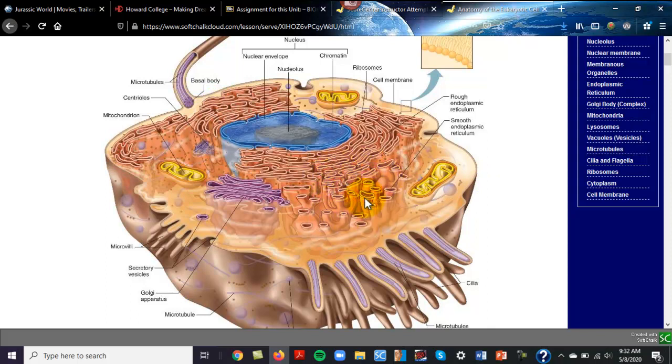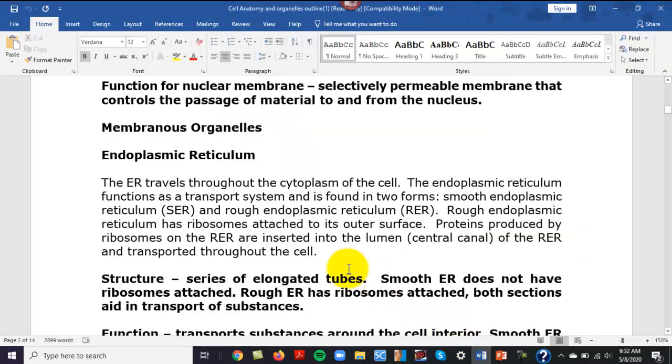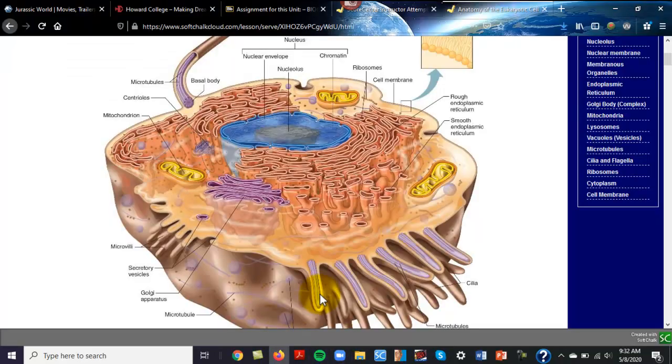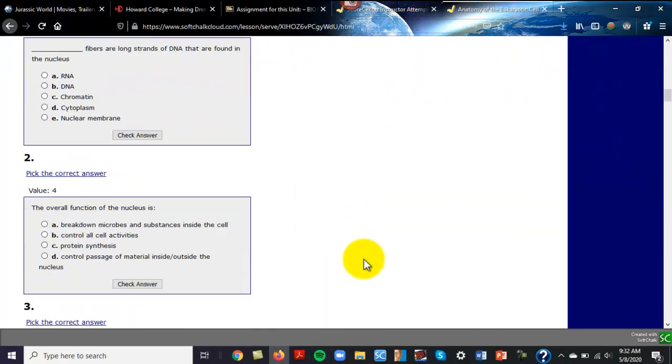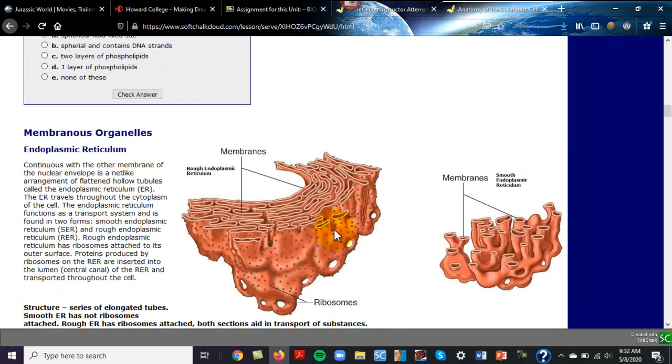But everything in a cell is highly organized. Nothing just floats around, and this is a transport. It's like a subway system within the cell. So here's the rough endoplasmic reticulum, and then there's the smooth.